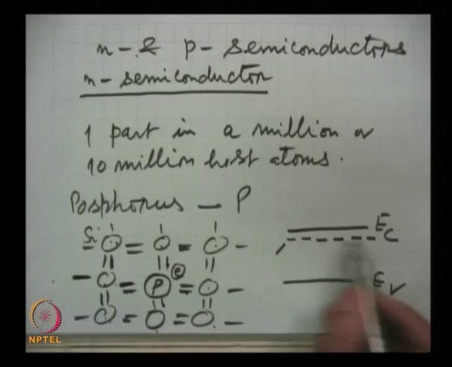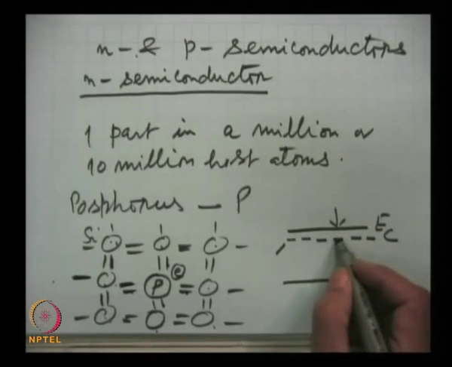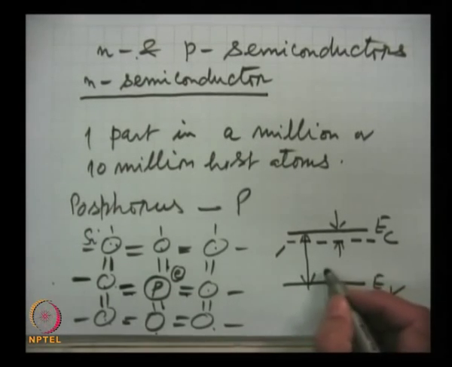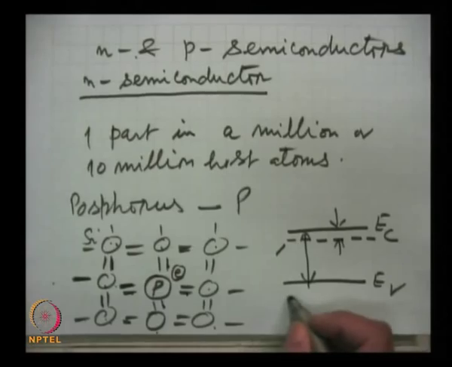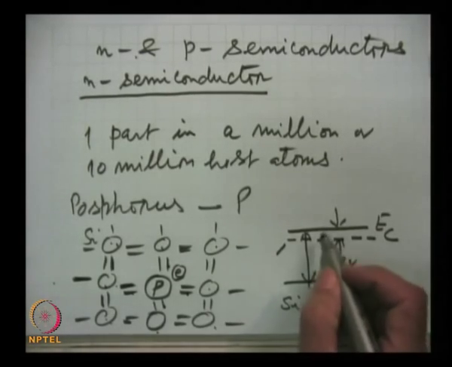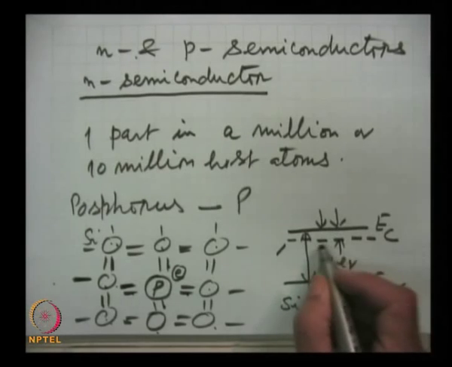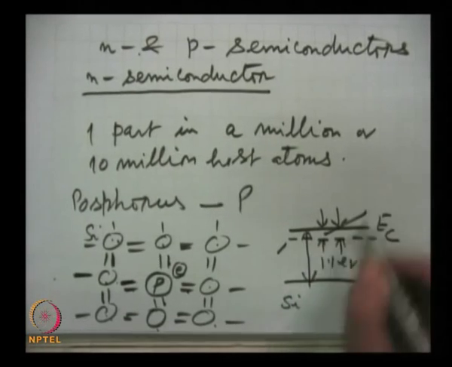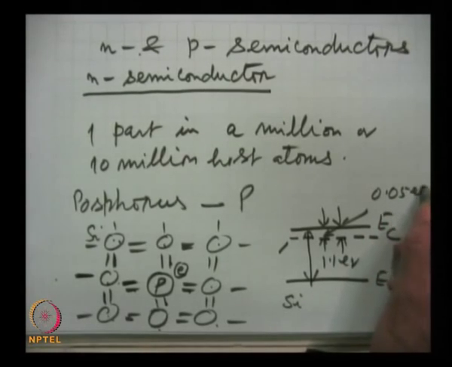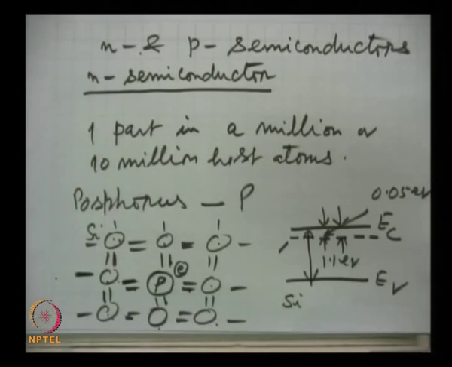So, the energy states are here, and while this is the band gap, which for silicon is of the order of 1.1 electron volt, this difference is a small fraction, around 0.05 electron volt. It is a very small energy.